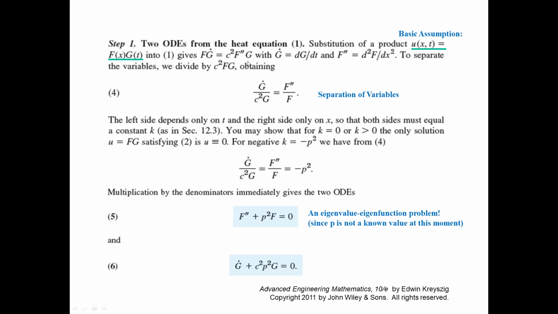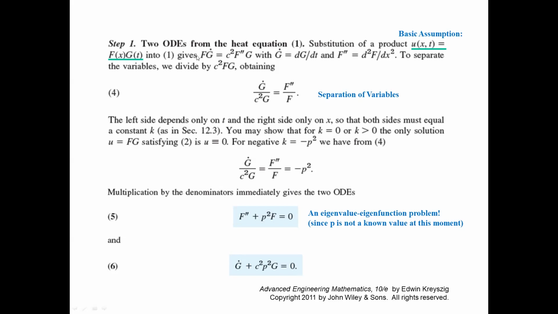We get this equation. Notice on the left-hand side, it's a first order partial derivative with respect to t. So this g dot represents the first order partial derivative.